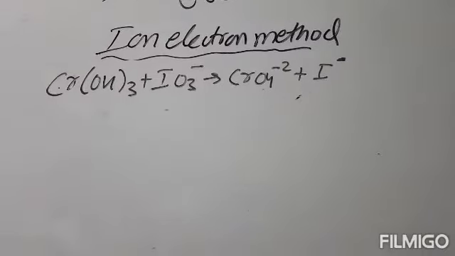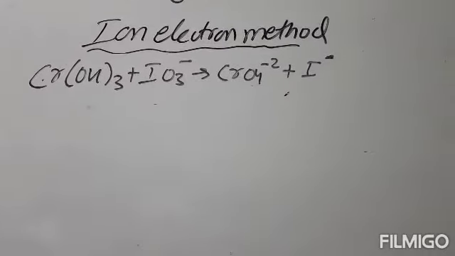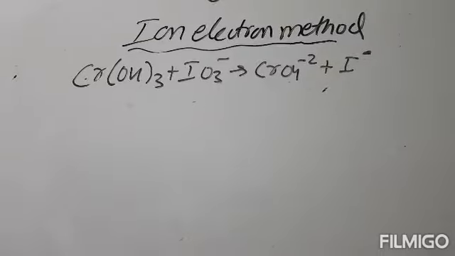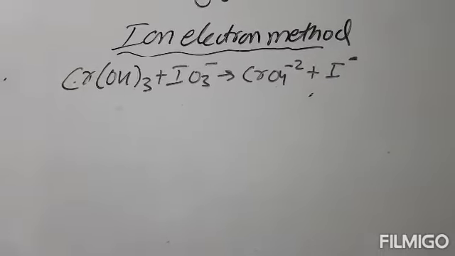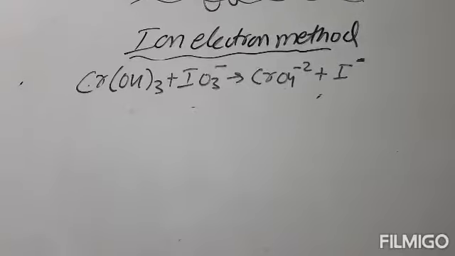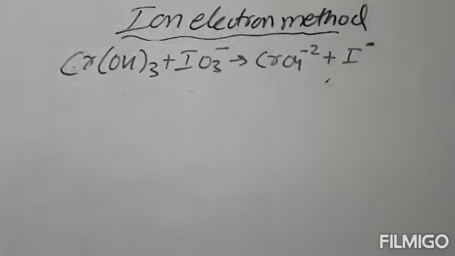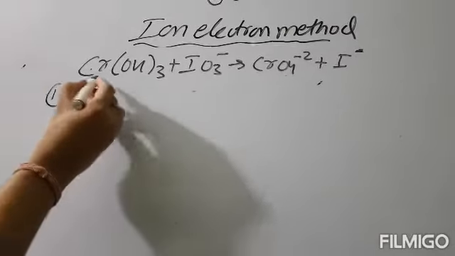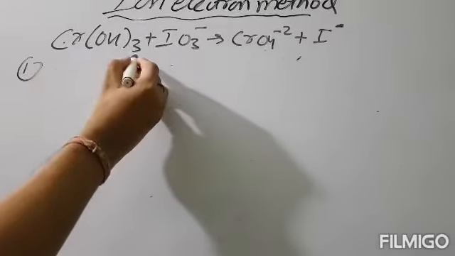Next example is for balancing the redox reaction by the ion electron method when the given reaction is in basic medium. Previous one was in the acidic medium, this is in the basic medium. Again the same thing, the first point will be that we are supposed to write the oxidation number of all the atoms.